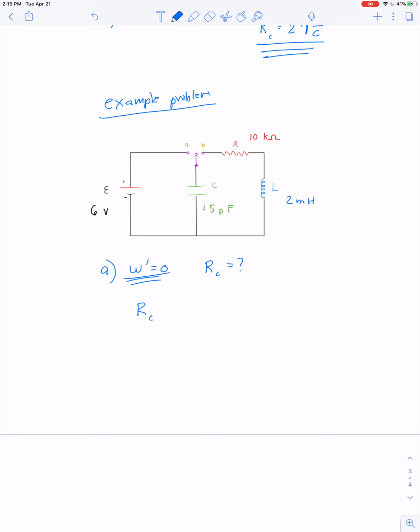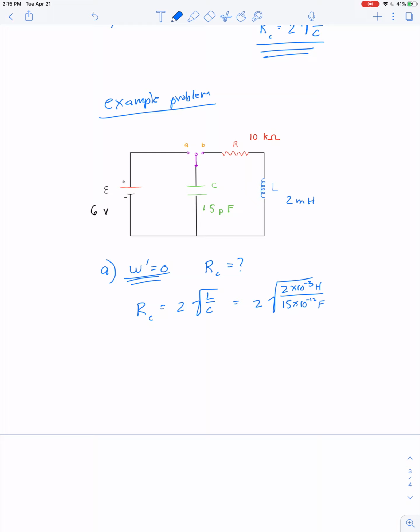The critical value of resistance is equal to 2 times the square root of L over C. So if we plug in the example values, this is 2 times the square root of 2 times 10 to the negative third henry divided by 15 times 10 to the negative 12th farads.